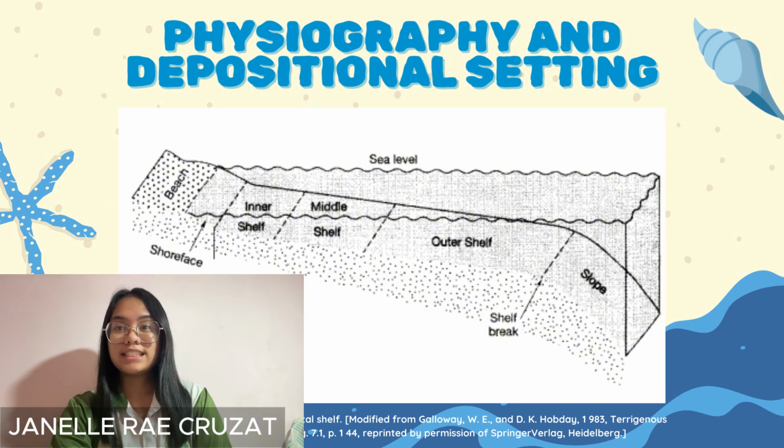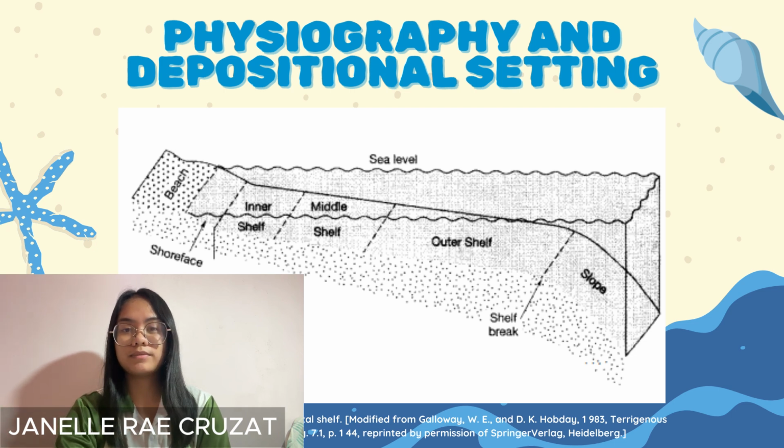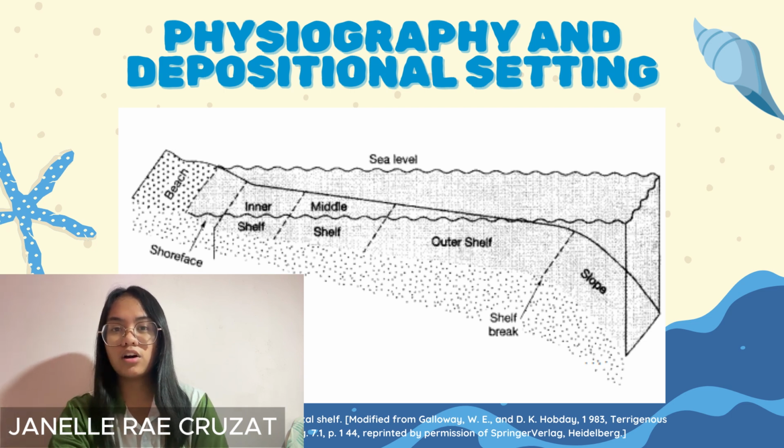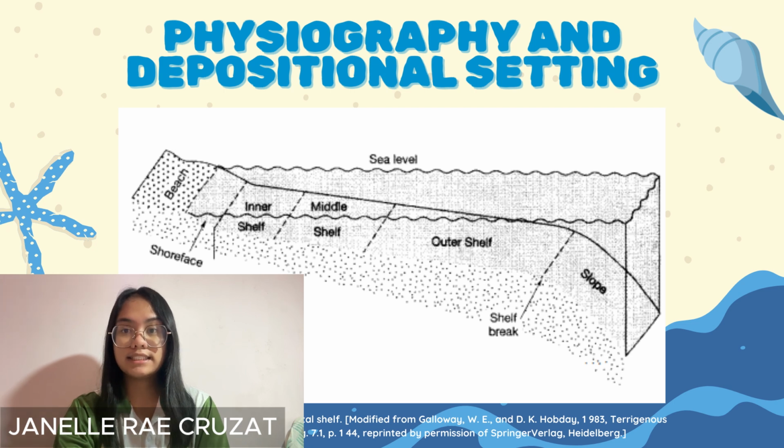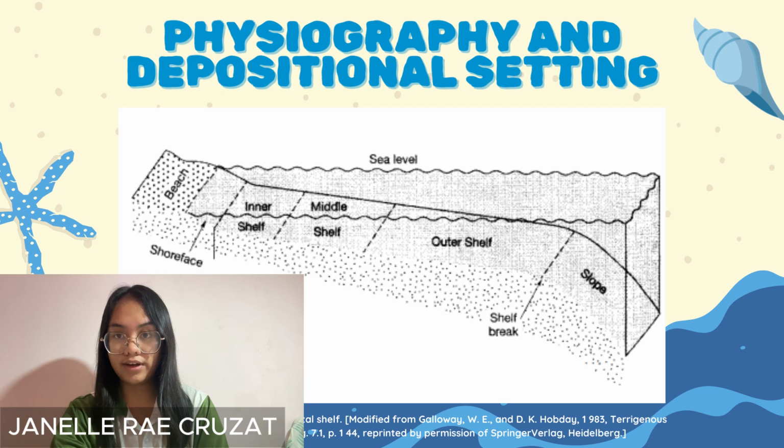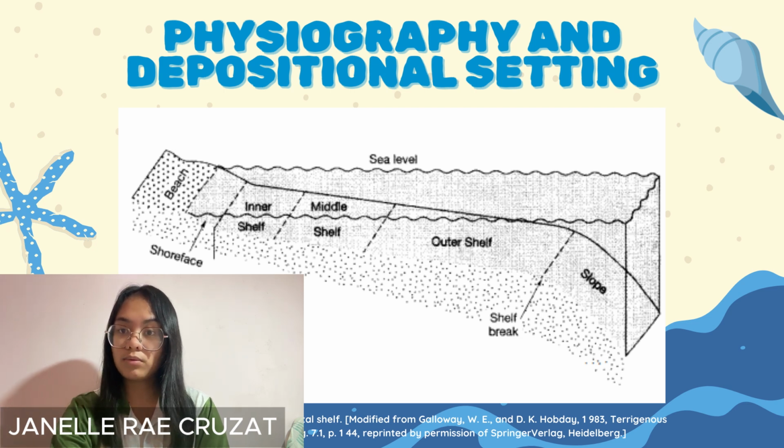Now that we know that the siliciclastic shelf is divided into three zones, let's explore them in more detail. So starting with the boundaries, on the landward side, the siliciclastic shelf is connected to various coastal environments. And on the seaward side, it is bounded by the continental slope, which leads down to much deeper waters. Can you guess what's happening in between these boundaries based on the image shown?